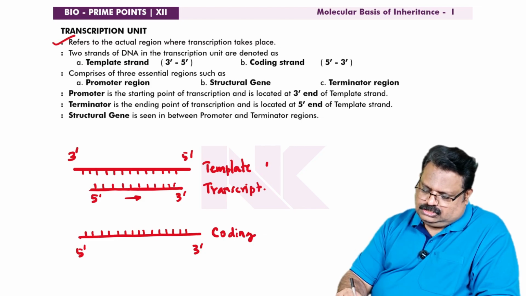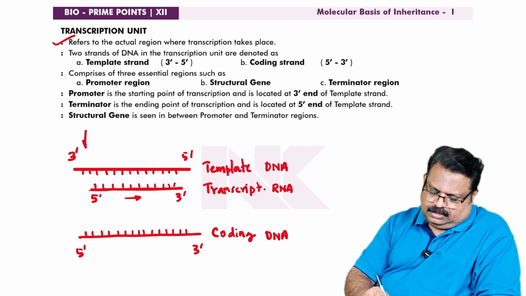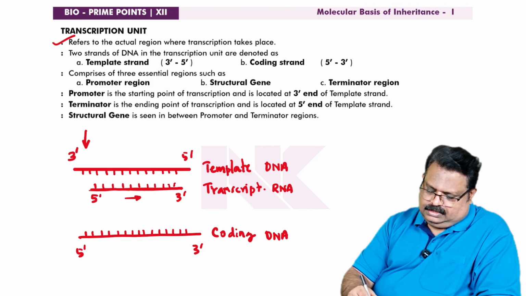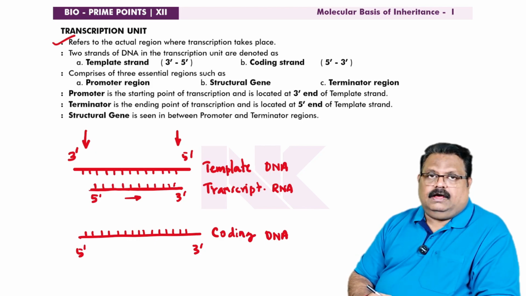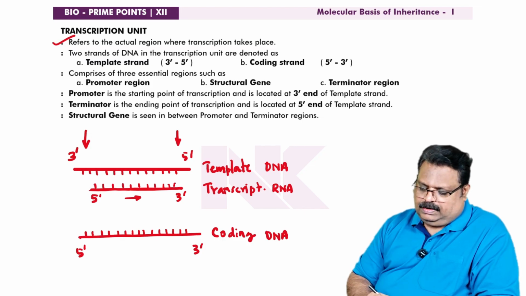So template is DNA, transcript is RNA, coding is also DNA. This is the starting point, and this is the ending point. The RNA starts at its 5' end and stops at its 3' end. That means starting at the 3' end of the template, stopping at the 5' end of the template.